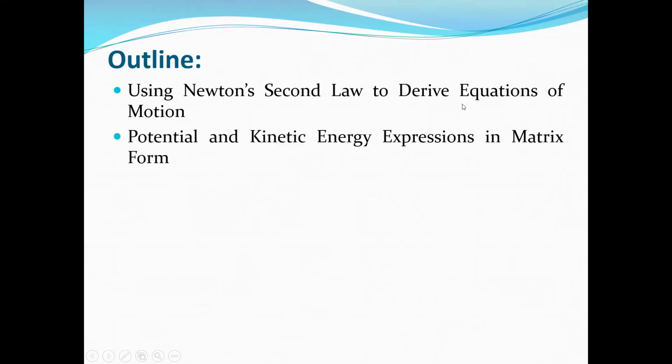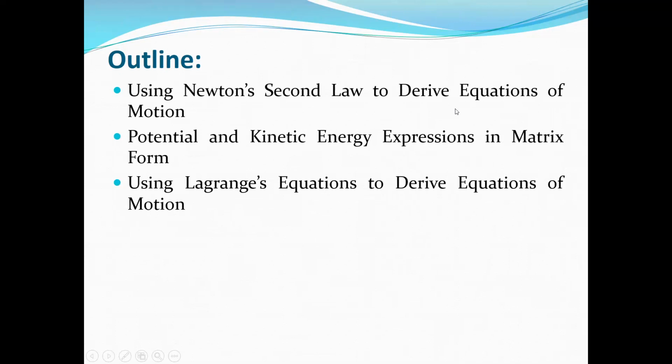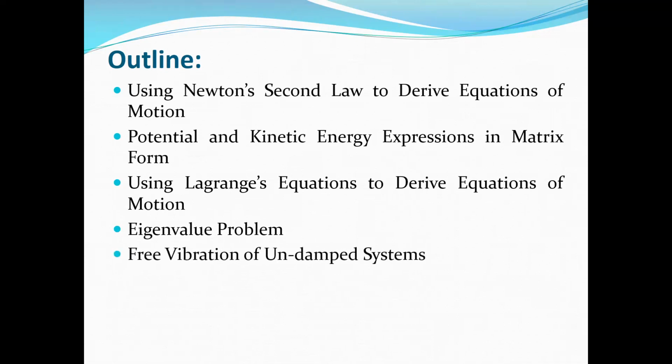In the multi-degree of freedom system, we will use Newton's second law to extract the equation of motion, similar to the two degree of freedom systems. Then we will obtain the potential and kinetic energy expressions in matrix form, and we will introduce the Lagrange equation to derive the equation of motion. You will see that this method is applicable for systems with 2 degrees or 1 degree of freedom.